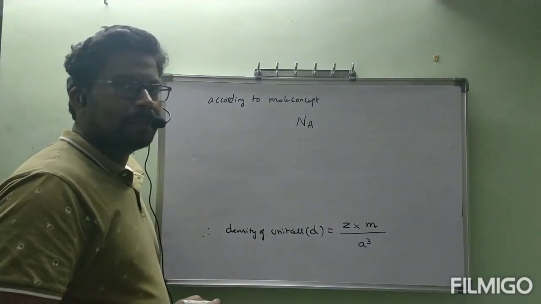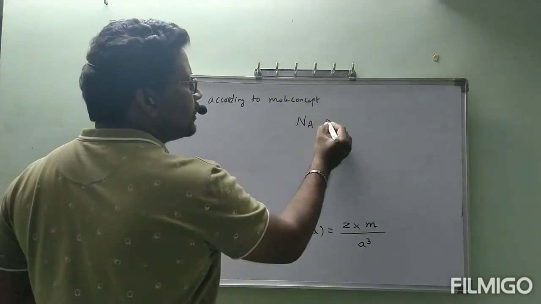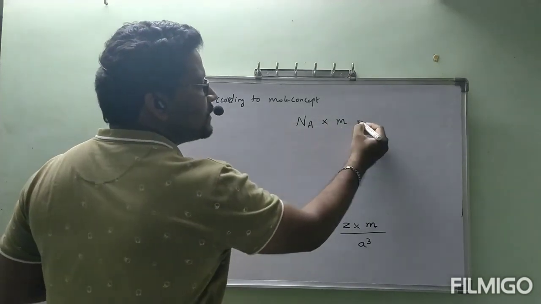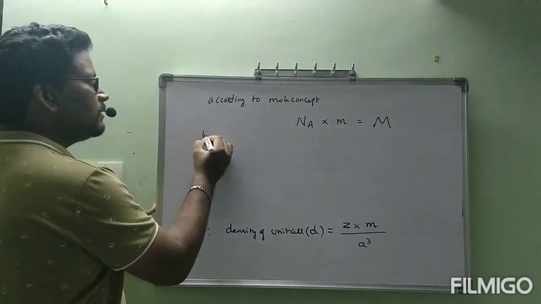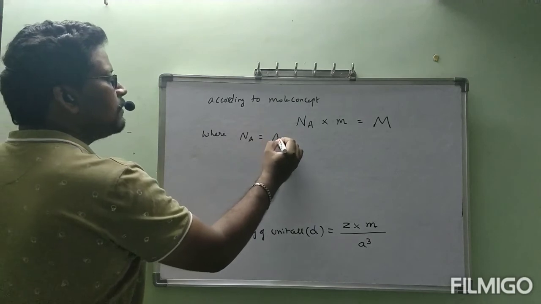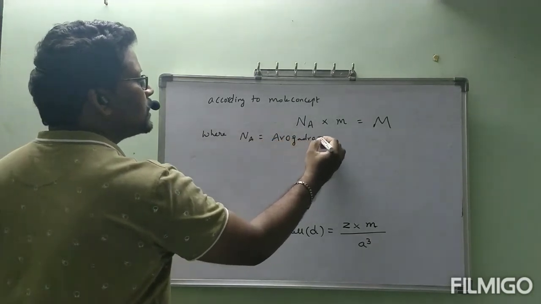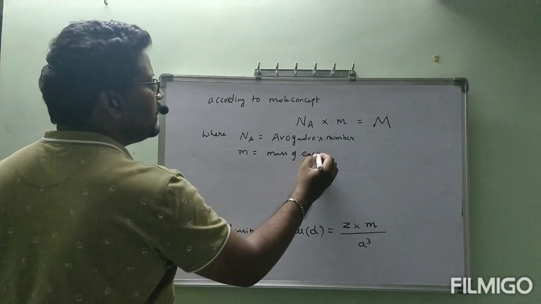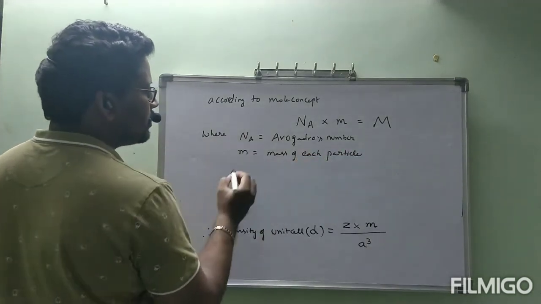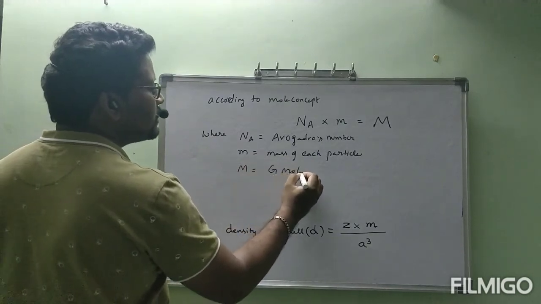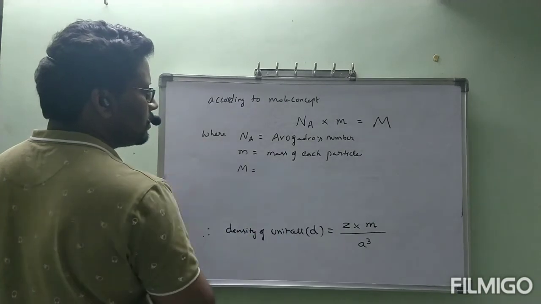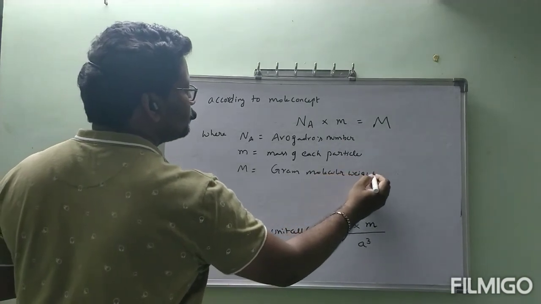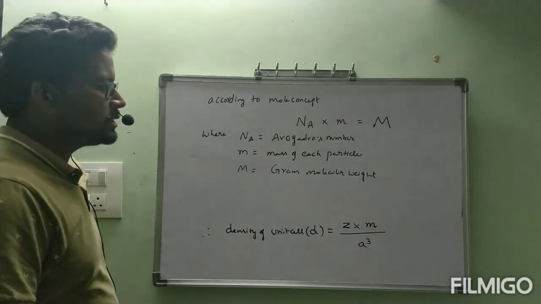Na, the Avogadro number, into small m, the mass of each particle, is called capital M, where Na is equal to Avogadro's number, small m is equal to mass of each particle, and capital M is equal to gram molecular mass or gram atomic weight.